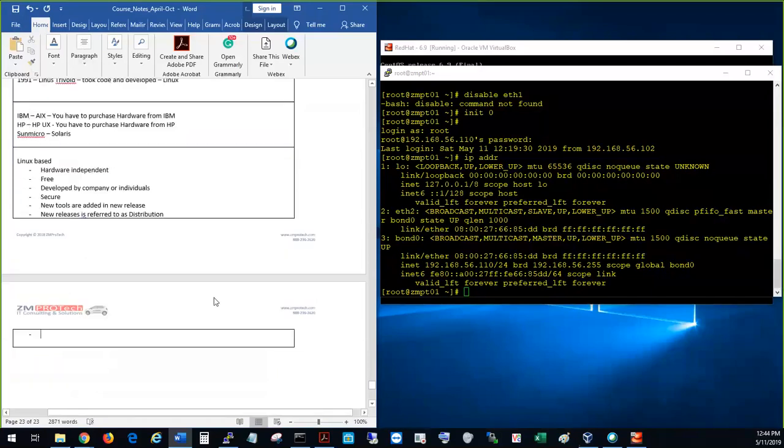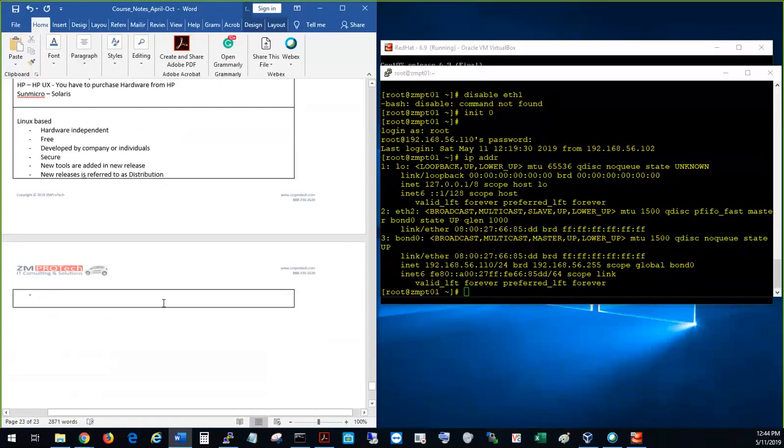Okay. So now the companies. So what are the distributions? Debian, Ubuntu, SUSE. So there is a company called Red Hat.